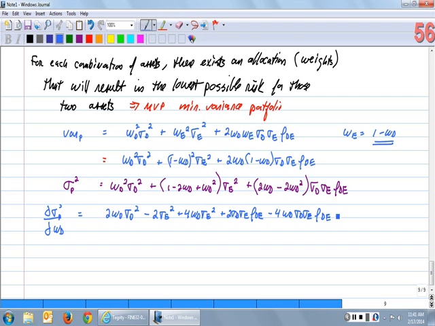2WD sigma D squared minus 2 sigma E squared plus, let's see, hold on, 2WD sigma D squared minus 2 sigma E plus, this is a 2 actually, plus 2WD sigma E squared plus 2 minus 4.